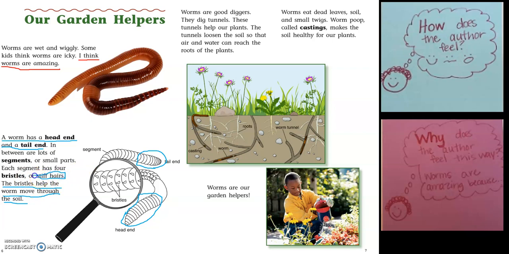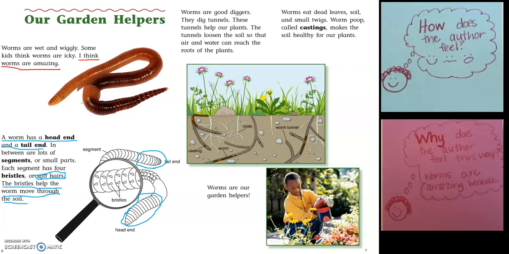So the author may think that this fact is cool because he may compare it to his own hairs. When you think about your hair, does your hair help you move? No, but on a worm, his hairs in the middle of his body help him move through soil, which could be a reason why he thinks that worms are amazing.